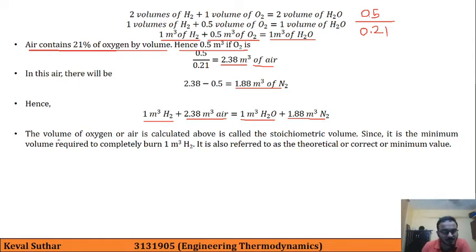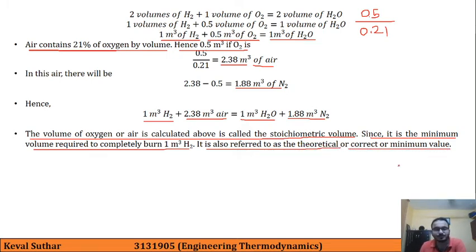The volume of oxygen or air calculated above is called the stoichiometric volume. Since it is the minimum volume required to completely burn 1 meter cube of hydrogen, it is also referred to as the theoretical or the correct minimum value.